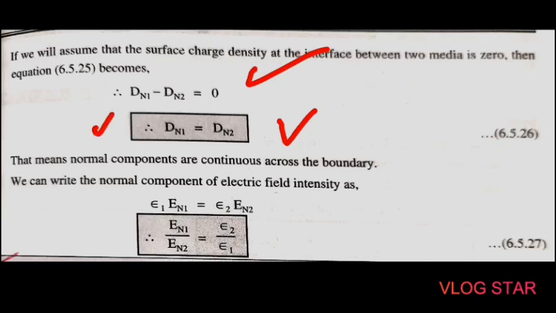Okay, then if we want to write this equation in terms of electric field intensity, then again write in terms of epsilon 1 En1 is equal to epsilon 2 En2. Hence the equation becomes En1 upon En2 is equal to epsilon 2 divided by epsilon 1.